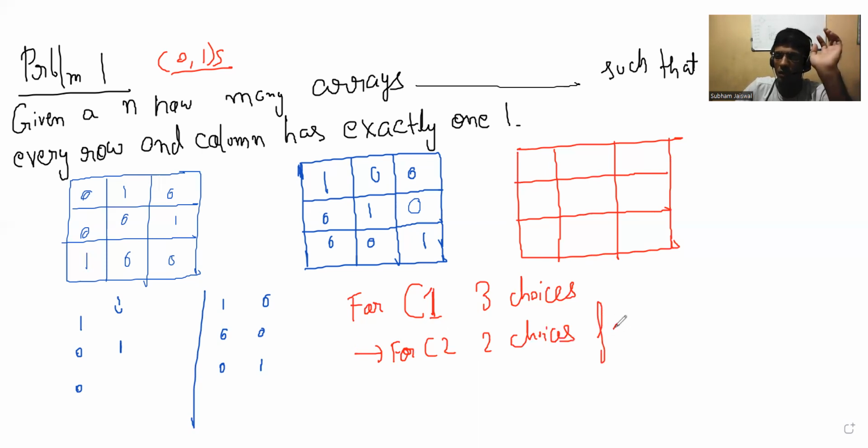If you make this choice, you have either there or here. If you make this again, either here or here, but they'll give you different matrices. And the third column is fixed. So the answer should be 3 times 2, that is 6.